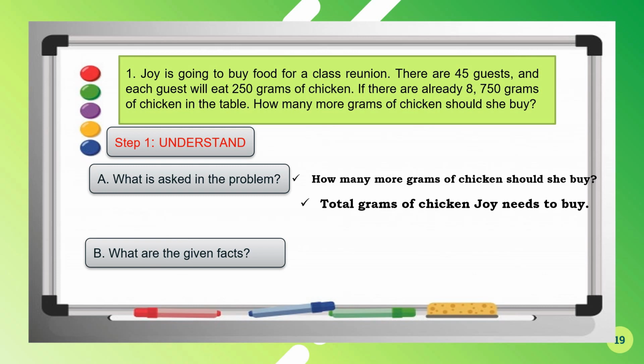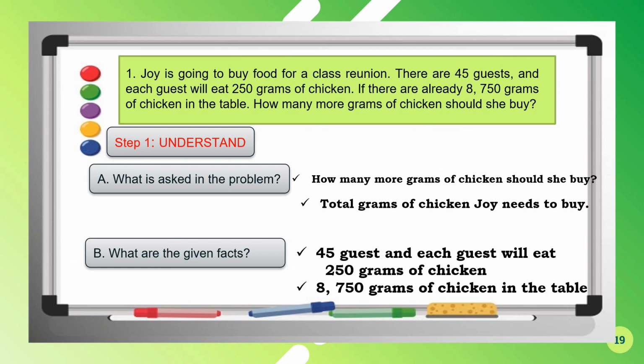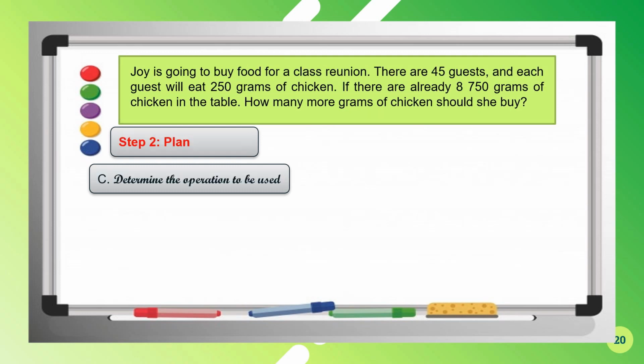Next are the given facts or the important numbers to solve the problem. So we have 45 guests, and each guest will eat 250 grams of chicken. 8,750 grams of chicken is available on the table.